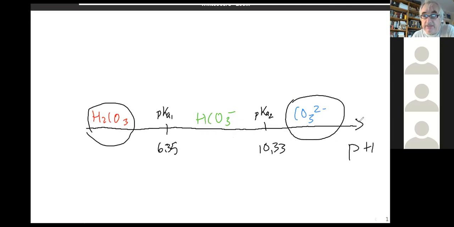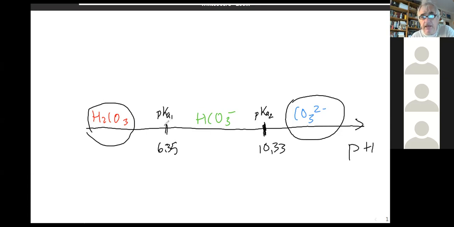The pH axis. So, my extremely simplified version of this pH question: what is the pH of a hydrogen carbonate solution? Well, hydrogen carbonate dominates between 6.35 and 10.33.